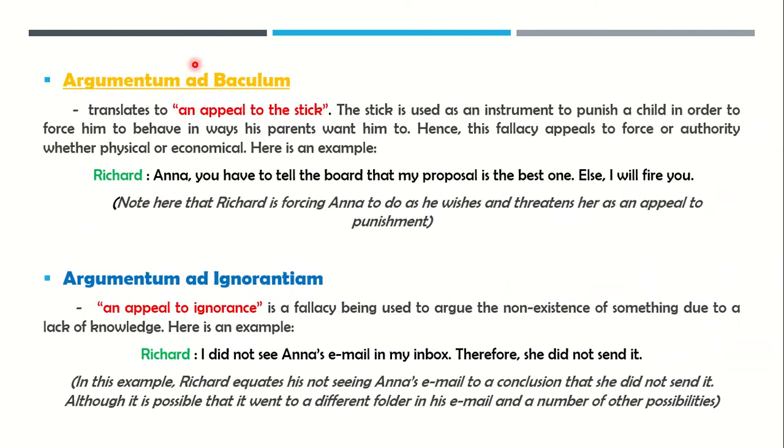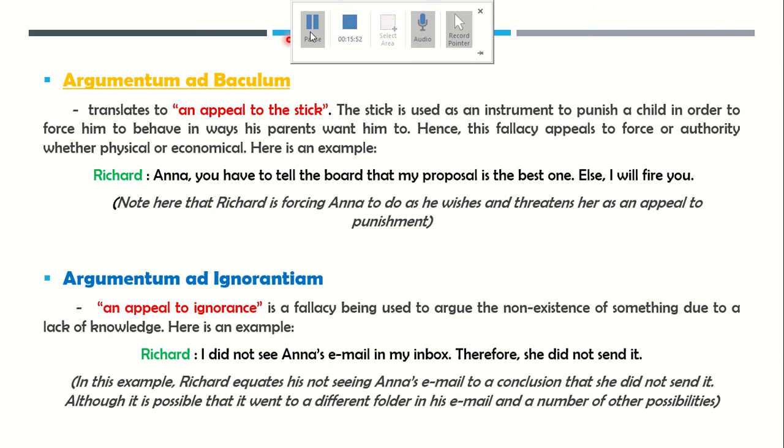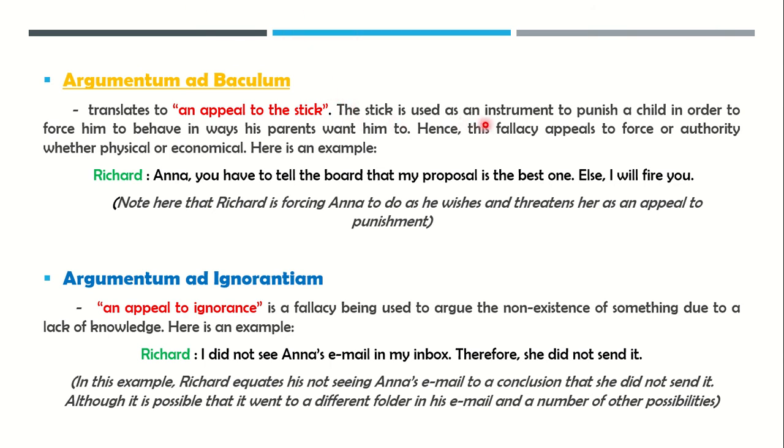So we have here argumentum ad baculum. Argumentum ad baculum translates to an appeal to the stick. The stick is used as an instrument to punish a child in order to force him to behave in ways his parents want him to. Hence, this fallacy appeals to force or authority, whether physical or economical.